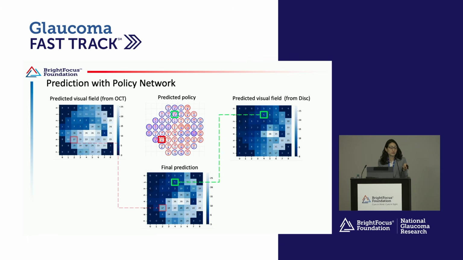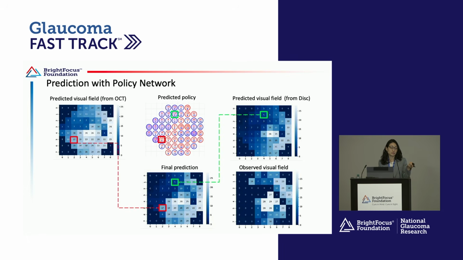And this guy, I'm using OCT data to predict the best image. And you can see that if you are relying just on the OCT model or disc model, they don't do as well. This is the final visual field, the actual visual field. But then the final model that is combining both multimodal data does much better in predicting the visual field.